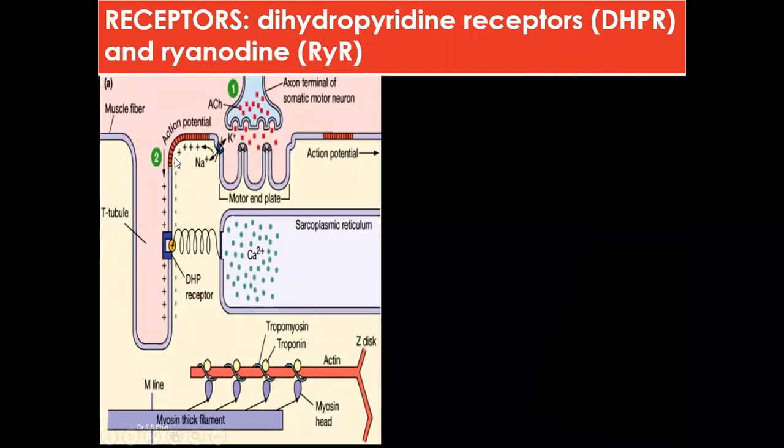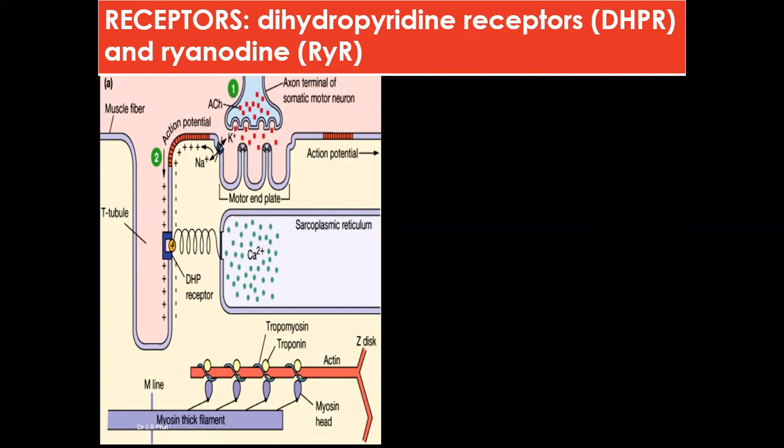Then on the sarcolemma, which is the plasma membrane of the muscle cell, there is an extension via the T system. So this is the T tubular system. Within the T tubular system, you have receptors called dihydropyridine receptors. They are sensitive to change in voltage, so they are voltage sensitive proteins.